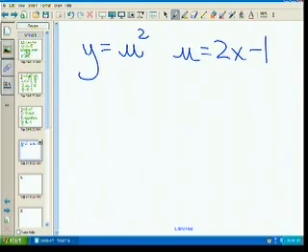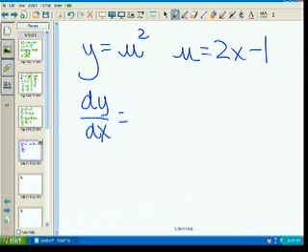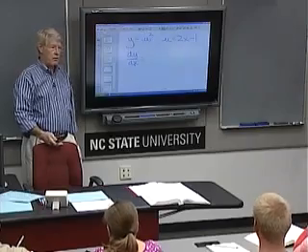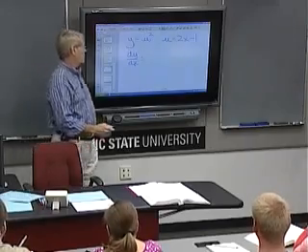So we have y in terms of u and u in terms of x. And what we want when we're done is dy over dx. We don't have y in terms of x. By the way, dy over dx is just y prime, or f prime of x, just another notation.